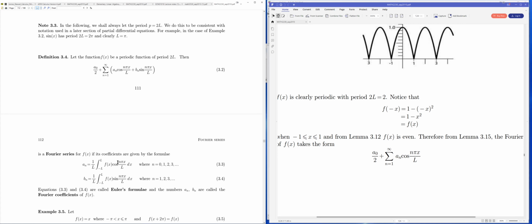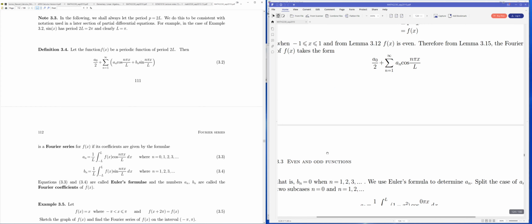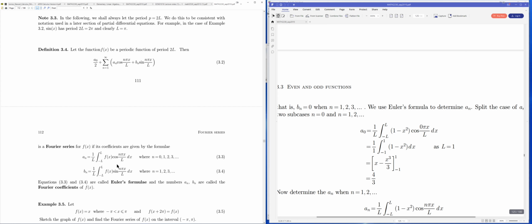This is the formula that I'm going to use to calculate the an. And remember, you want to split this into cases: when small n is equal to 0, and then the other cases, n equals 1, 2, 3, and so on. First we calculate a0. Using this formula, when small n is equal to 0, I get cosine of 0, and cosine of 0 is equal to 1, so the cosine will drop off.